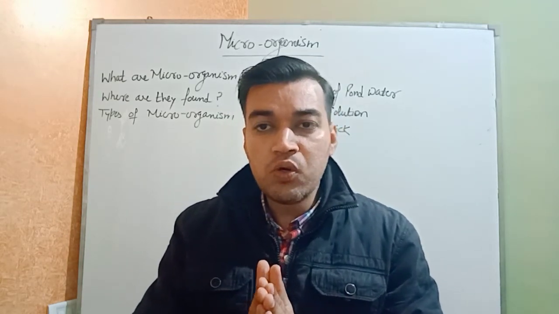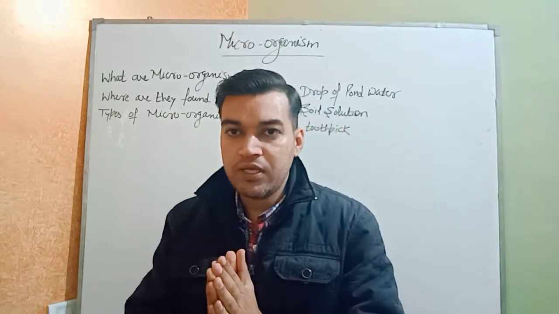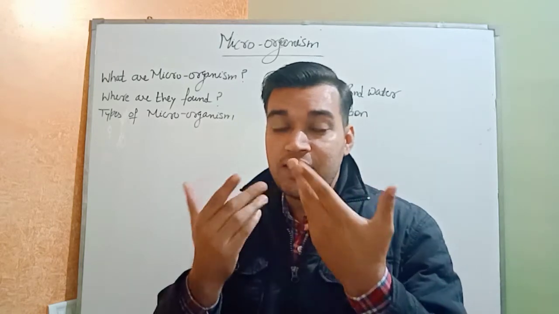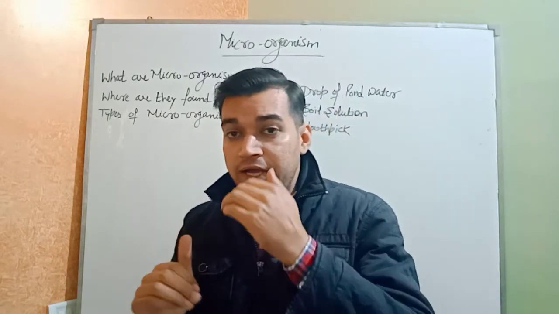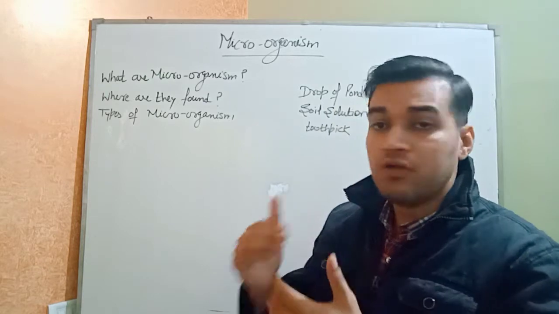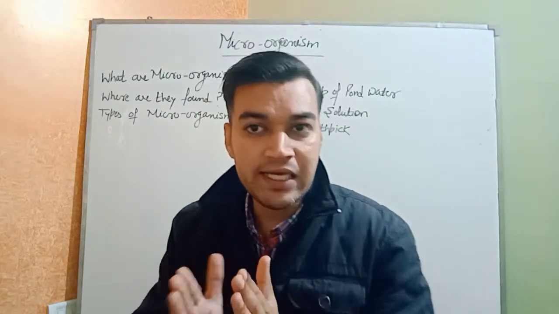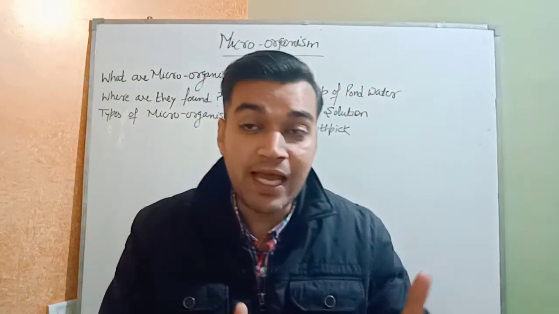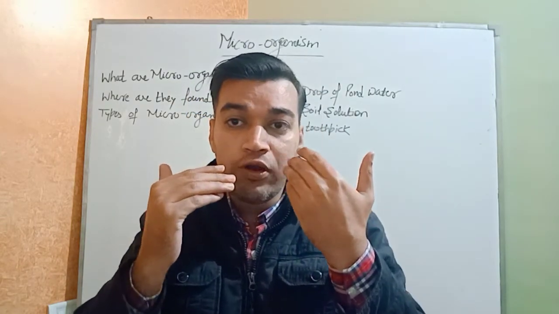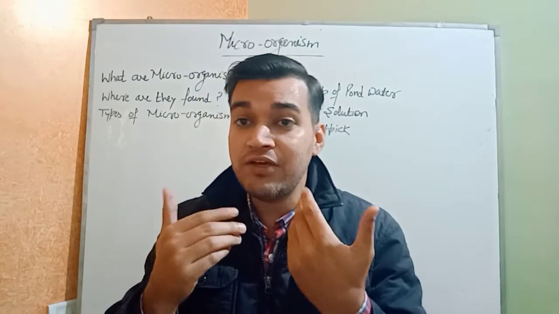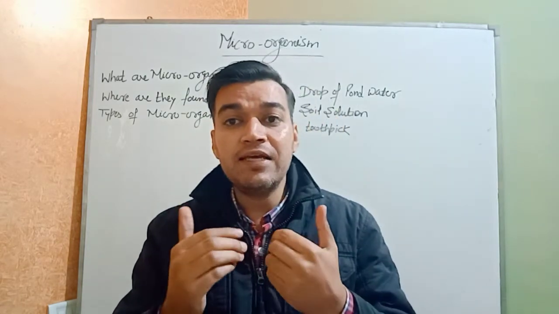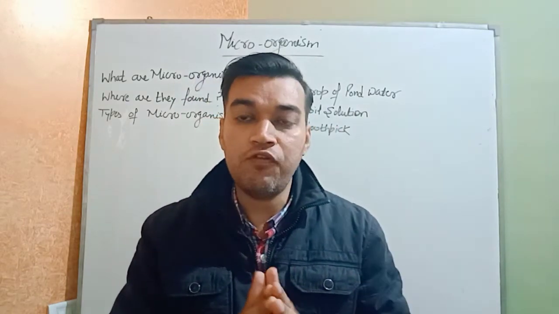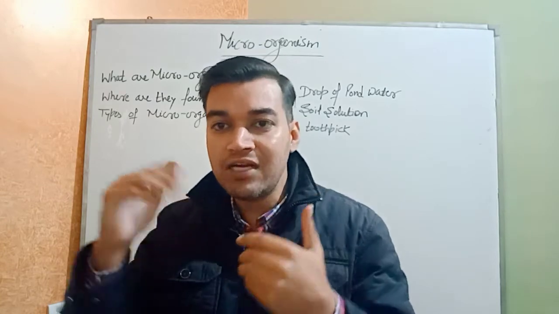Next, where are they found? As I already told you, they can be found in water, soil, and inside your body. If I want to elaborate on the location of microorganisms, they are very hardy in nature. Means they are strong; they can live in volcanic eruption areas, in icebergs, underneath the sea, on the surface in desert areas, and in Antarctica.